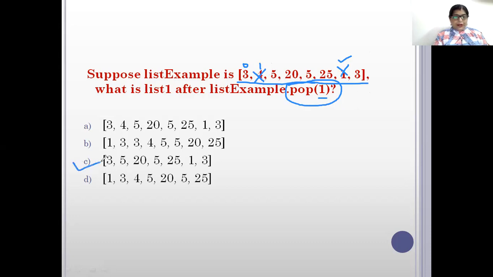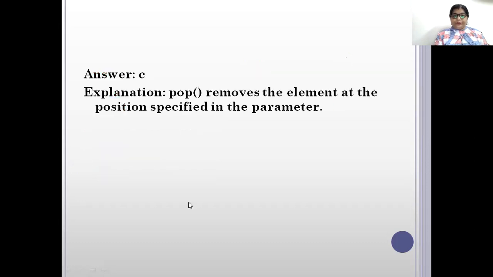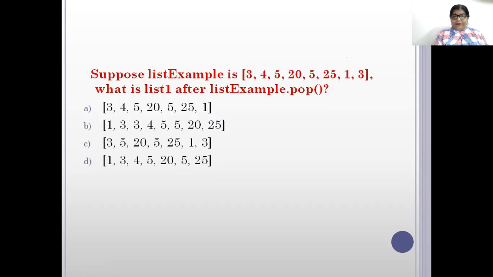So the answer will be C. Pop means the first position; whatever the element at the first position is, that is popped out rather than the element itself. Many students make this mistake. These are silly mistakes. So pop removes the element at the position specified in the parameter, not the element itself.